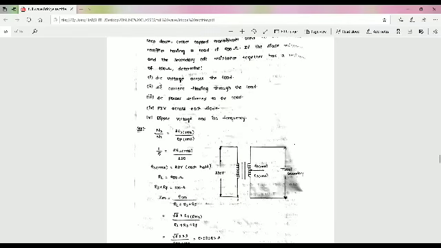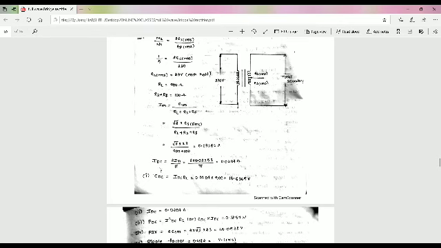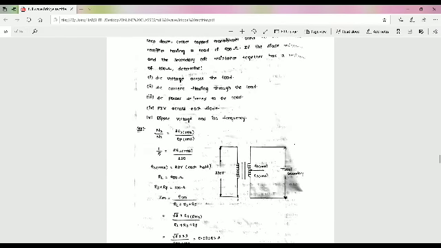First, the DC voltage across the load: IDC equals 2Im by pi. Substituting the values, we get 0.0207. Next, EDC equals IDC into RL. Third, power equals I square DC into RL, so we get 0.3857.